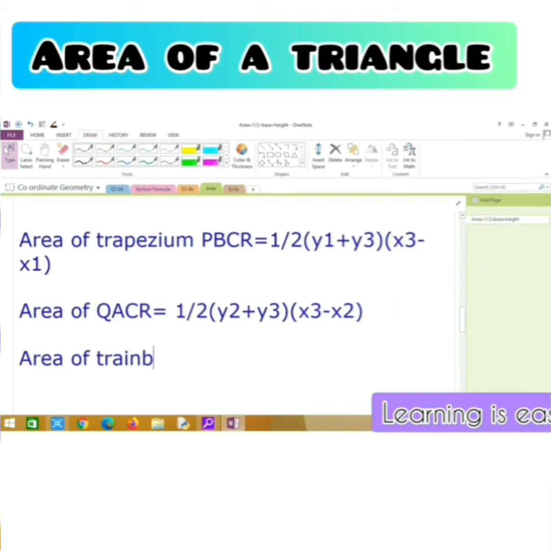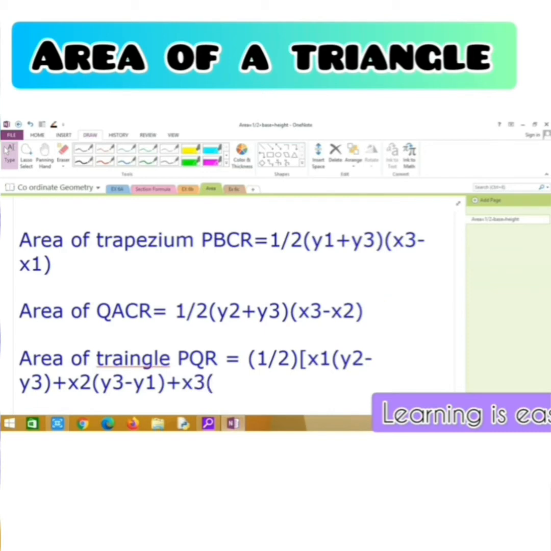Area of triangle PQR is equal to half into x1 into y2 minus y3, plus x2 into y3 minus y1, plus x3 into y1 minus y2. Very easy to remember.